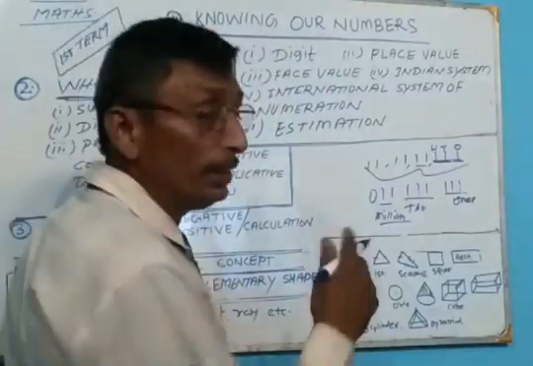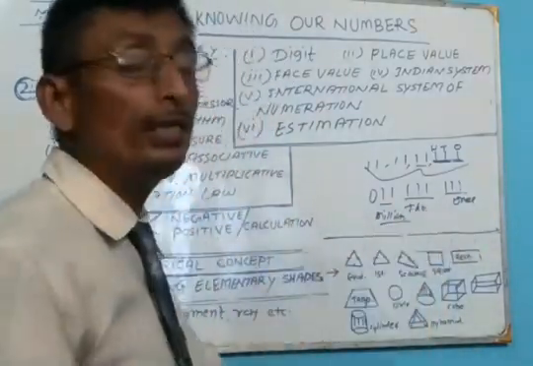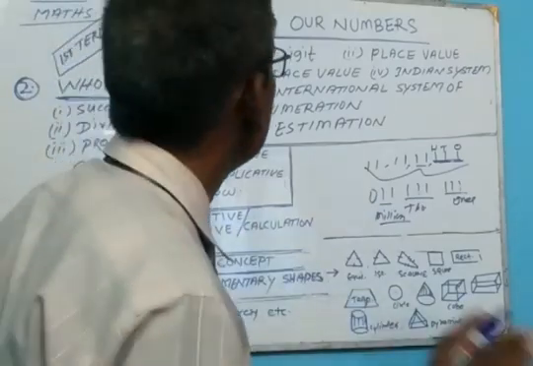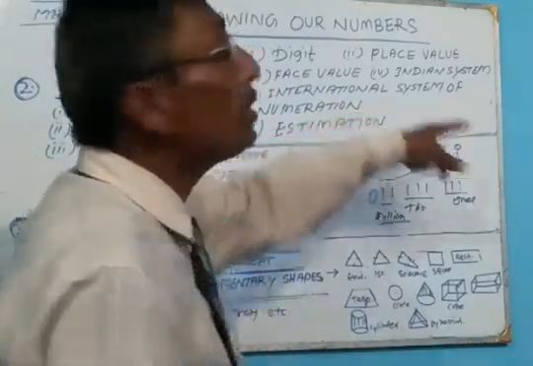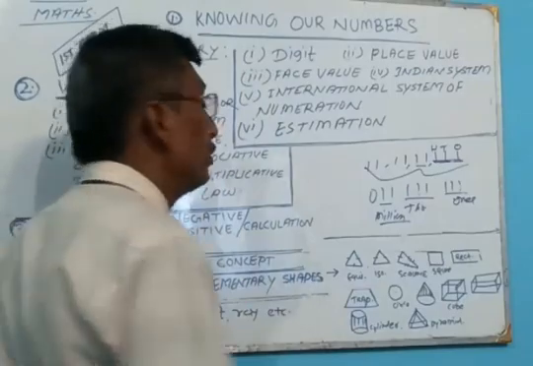So it is written in ones, thousands, millions, billions, trillions, like this. So it is the international system of numeration.